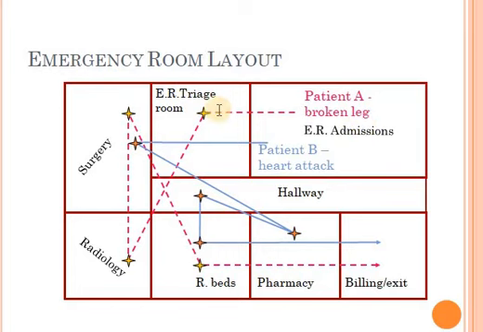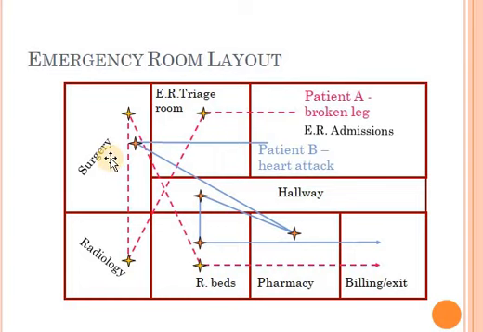First, he went to the triage room, where they do the first assessment, and then upon assessment they decided that he needs to go to the radiology department, maybe to do some x-rays. Then after seeing the x-ray, they decided that he needs surgery, so he was moved to the department of surgery.